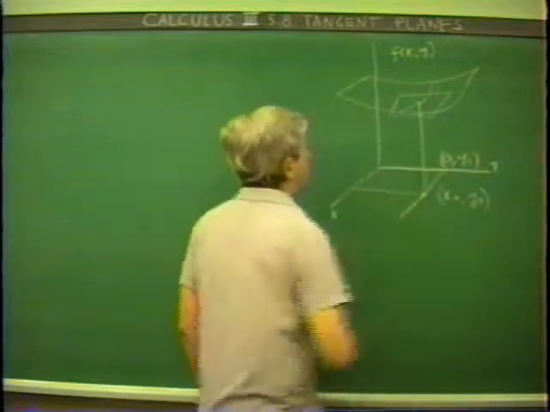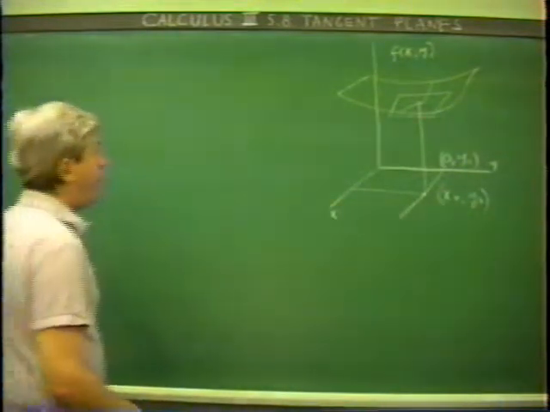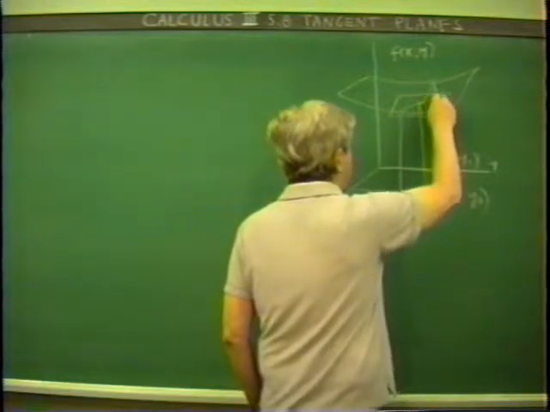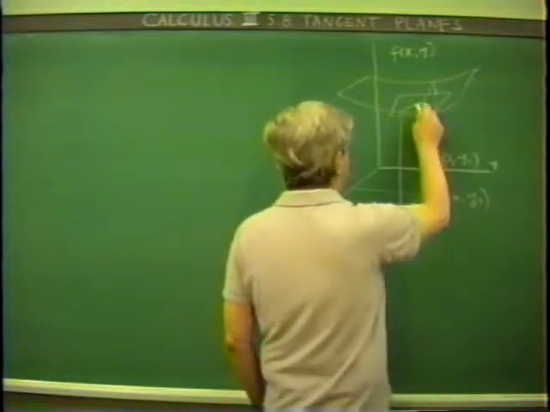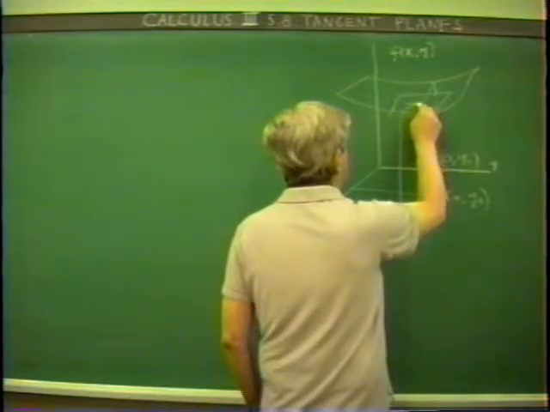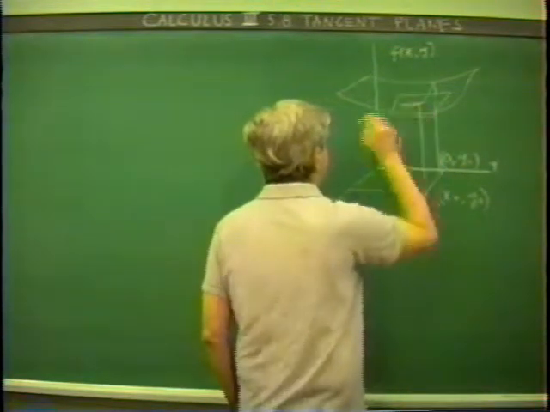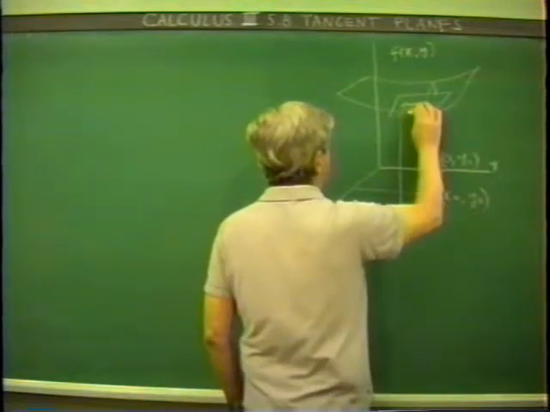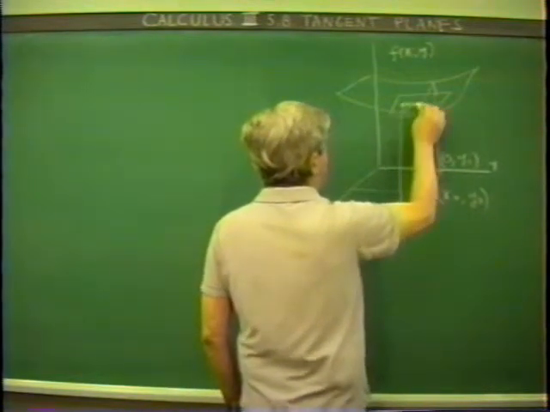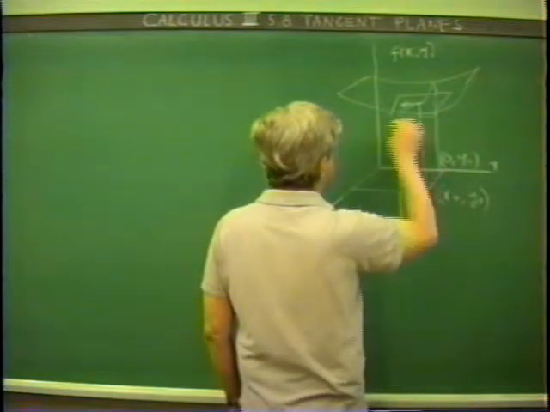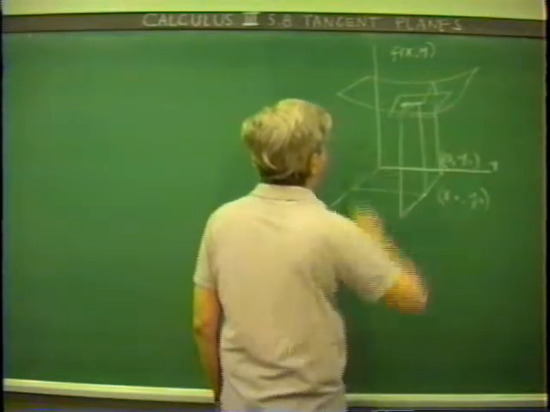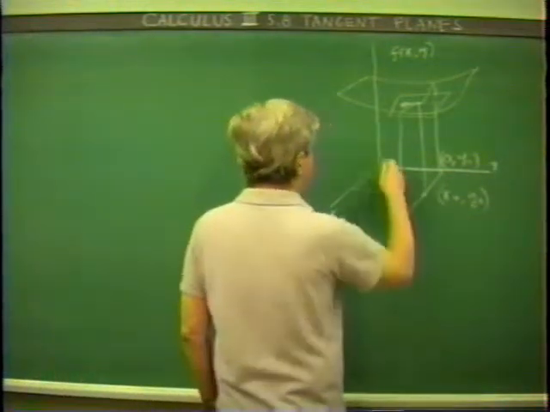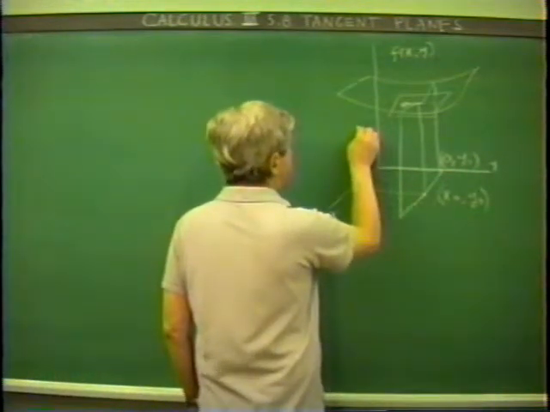And that's going to result in some sort of a curve above it on the graph. If we consider this direction right here of the curve, this particular vector in the direction of the curve ought to lie in the tangent plane.